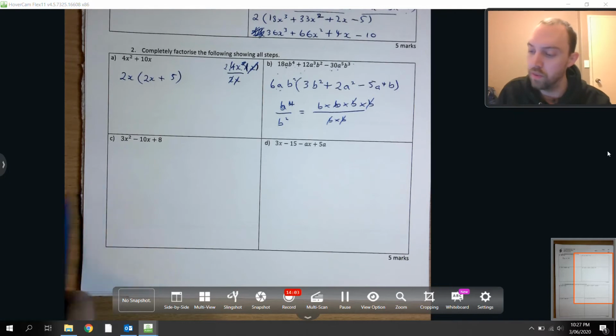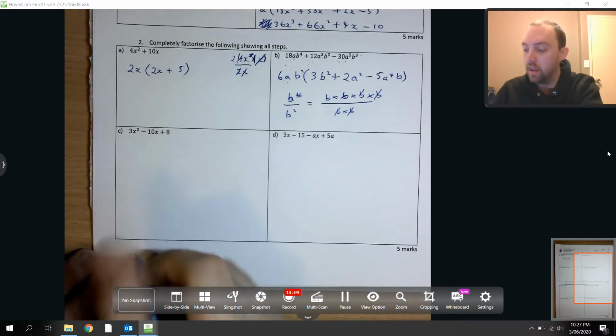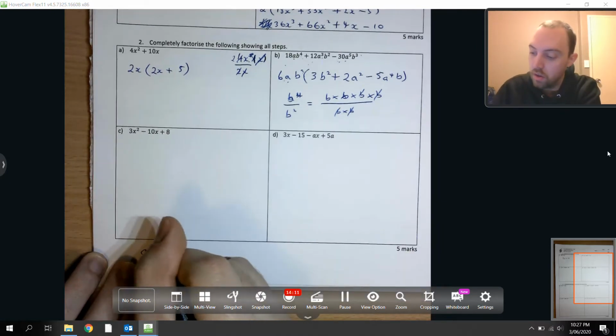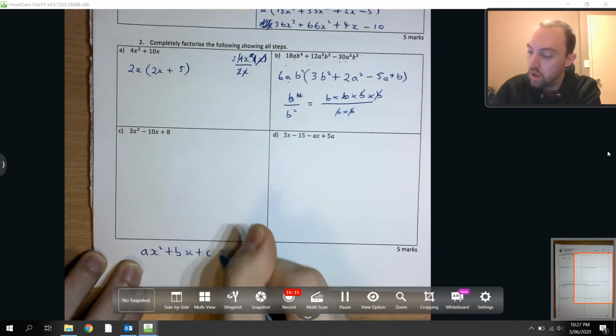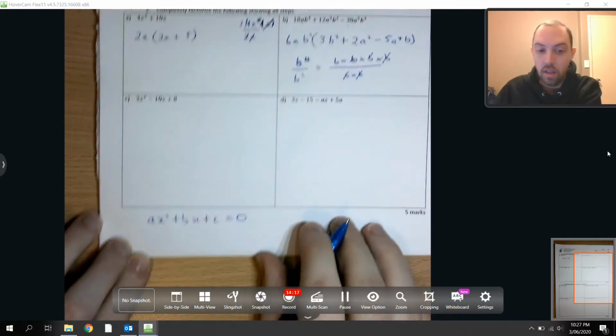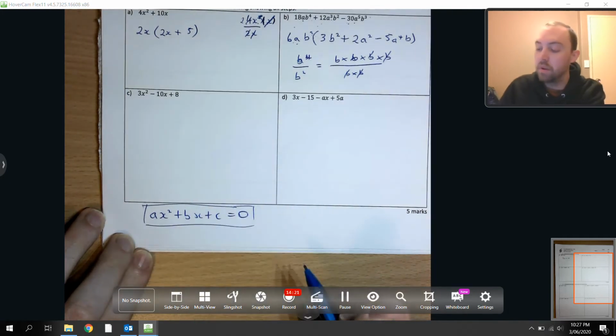So there's two types of quadratics that you're going to be solving. When you're solving them, you need them to look like this: ax squared plus bx plus c is equal to 0.